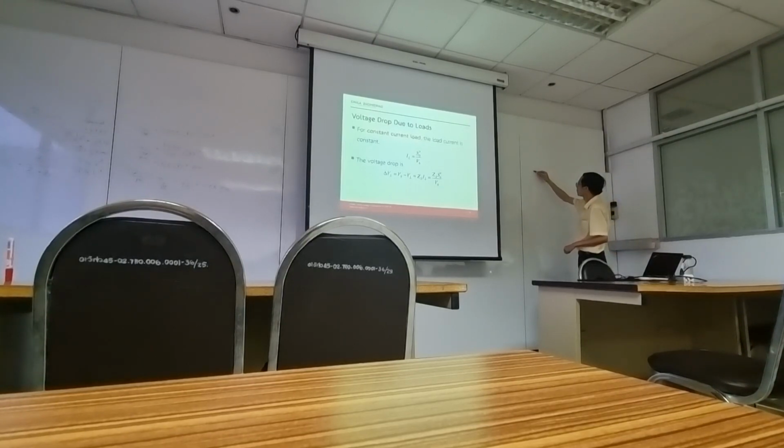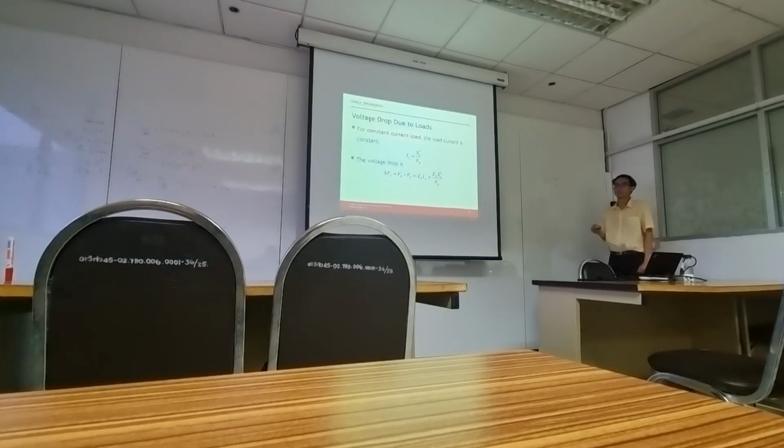Constant current is, we have this voltage source, and source impedance here, and we have load. This is load. Constant current. Okay, the current is constant, the load impedance ZL is not constant, but the load current IL is constant.